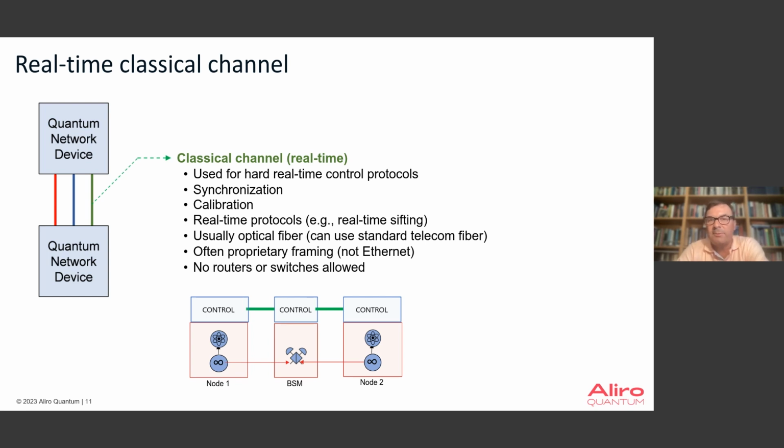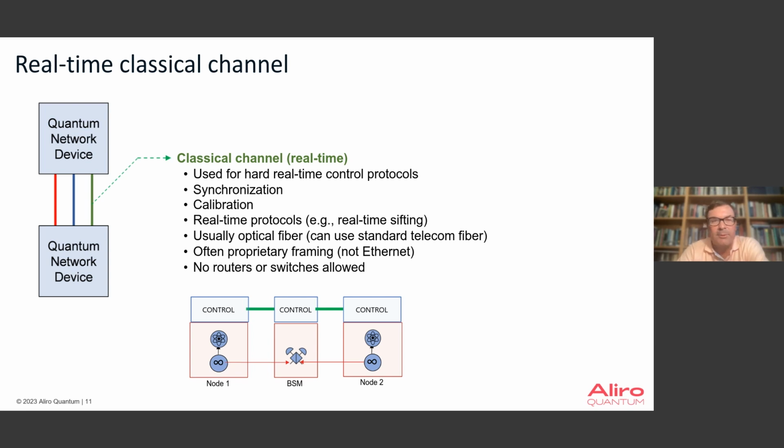In the context of quantum secure communications, examples of such real-time control protocols include clock synchronization, polarization calibration, and key sifting. In the more general context of general-purpose entanglement-generating quantum networks, examples include elementary entanglement generation, entanglement swapping, entanglement purification, and teleportation.